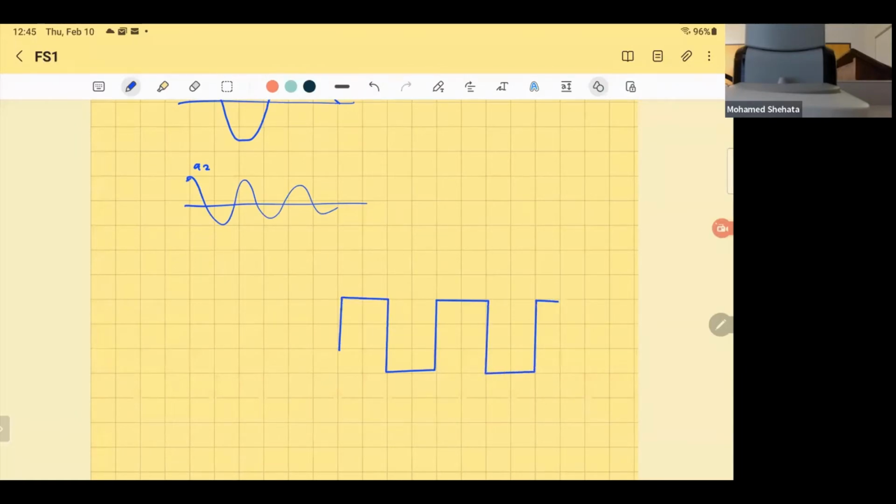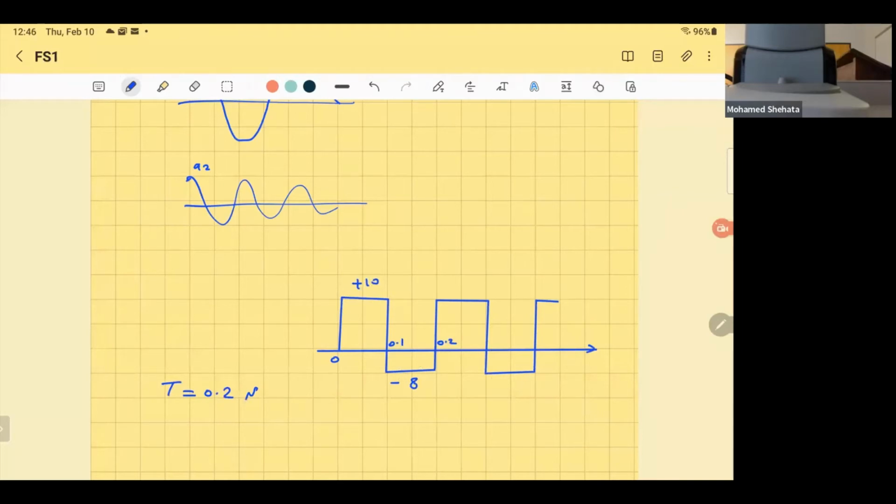All right, and let's say that's plus 10 and that's minus 8. And the period here, let's say 0, 0.1, 0.2. So the period is equal to 0.2 seconds.